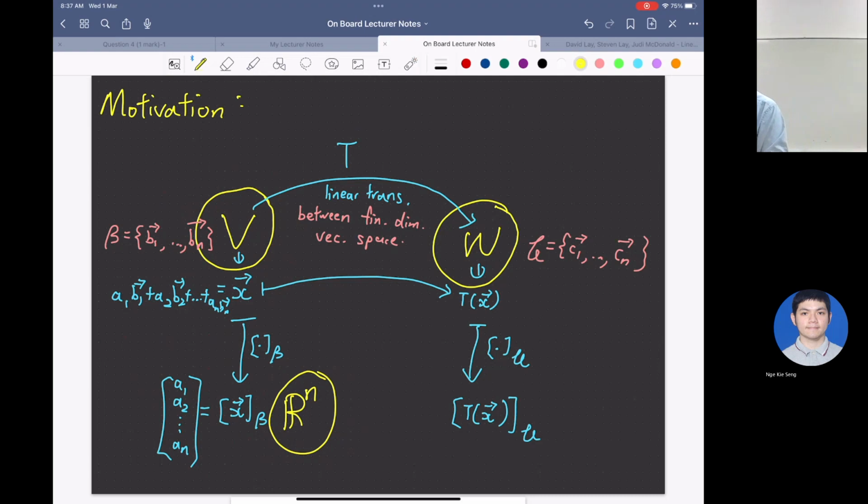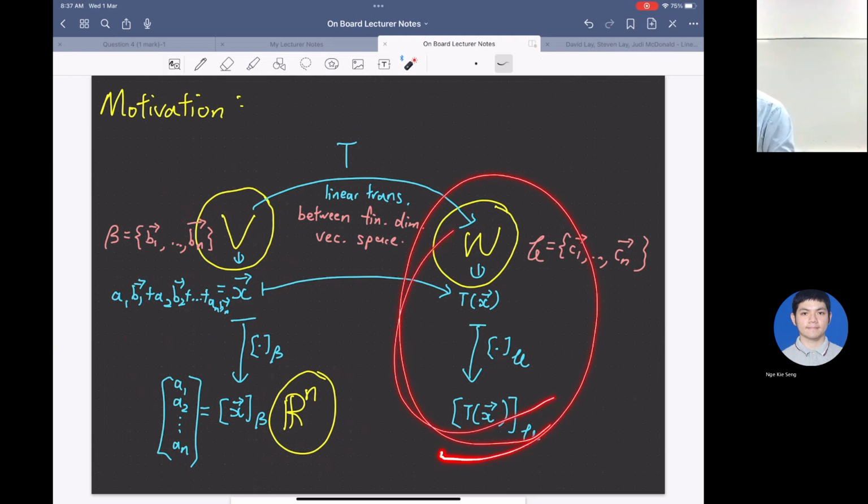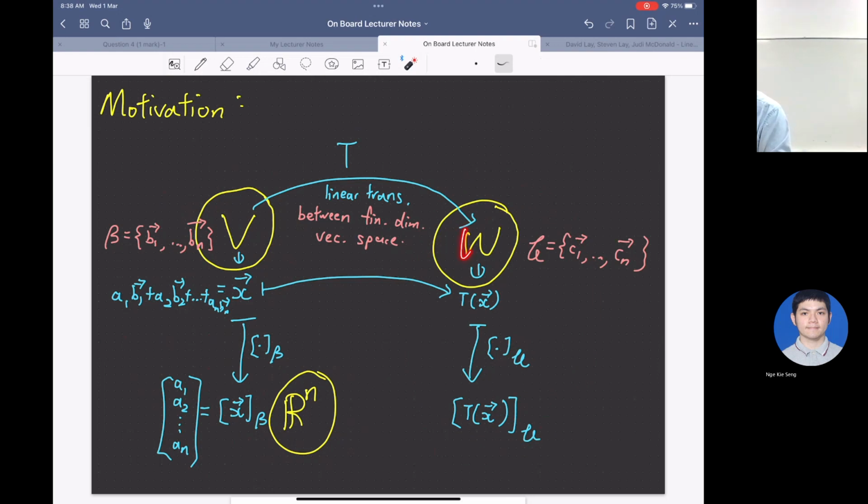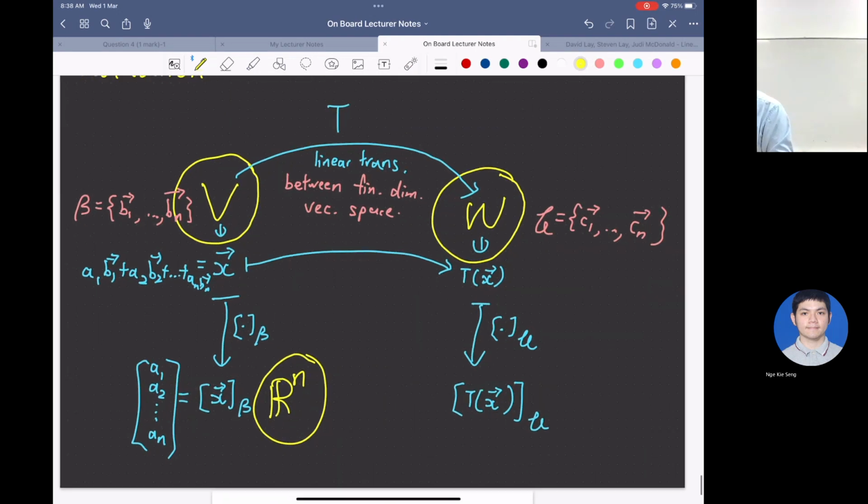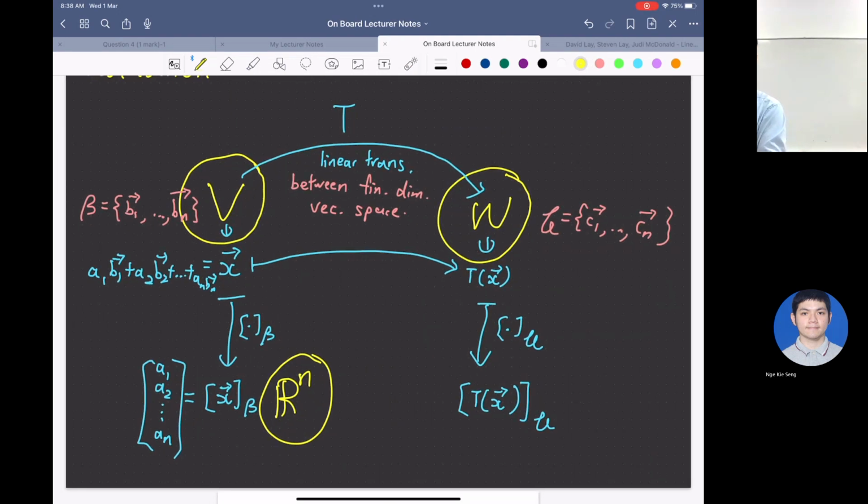Okay. So next, how about on the right side? So the coordinate vector sends elements in W to where? Where's the space here?